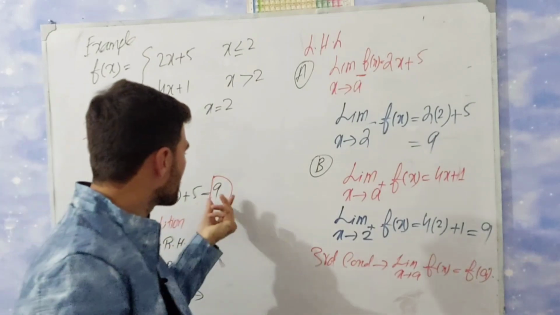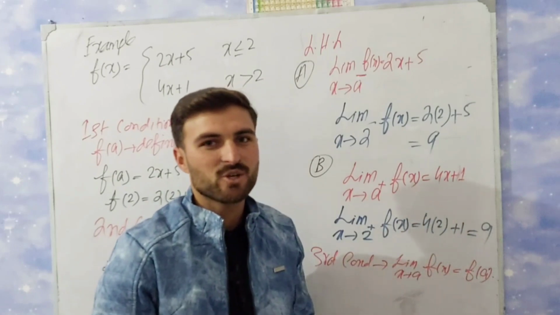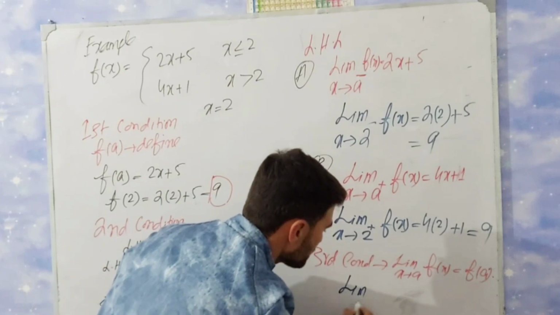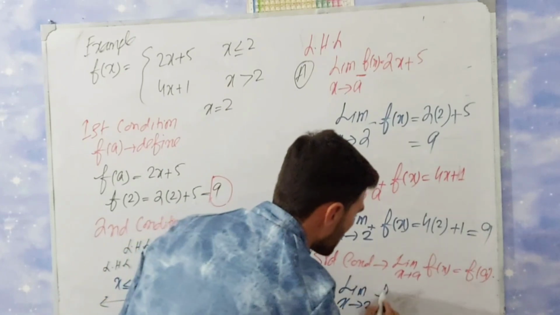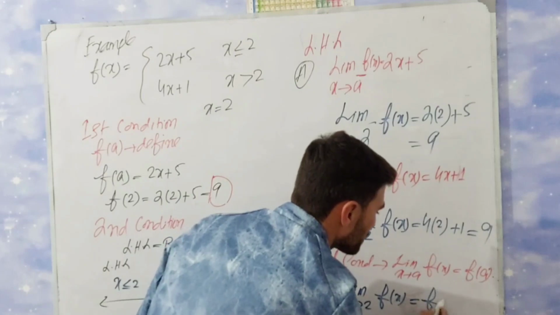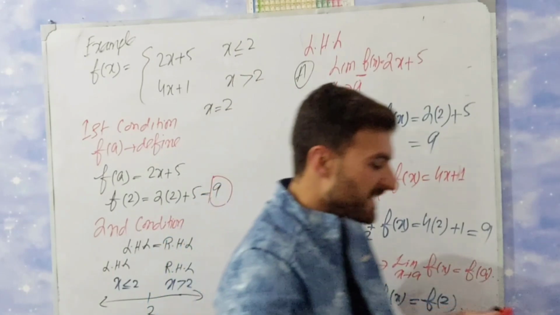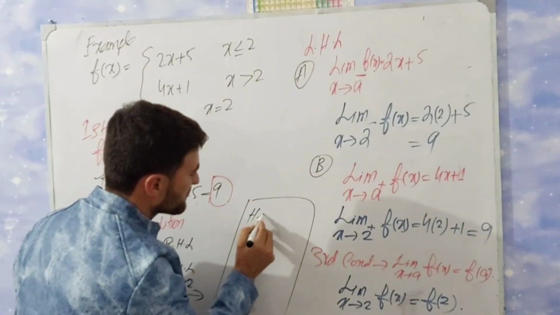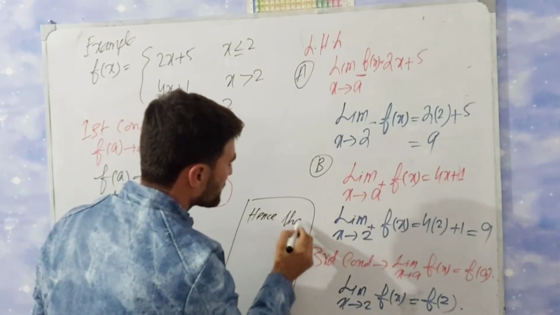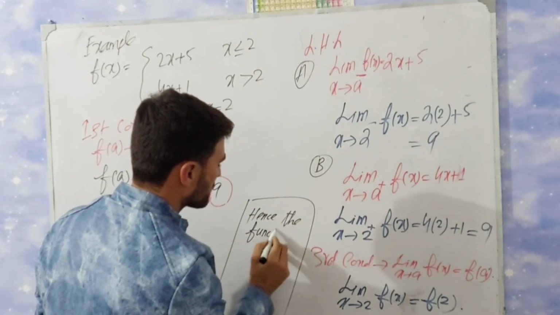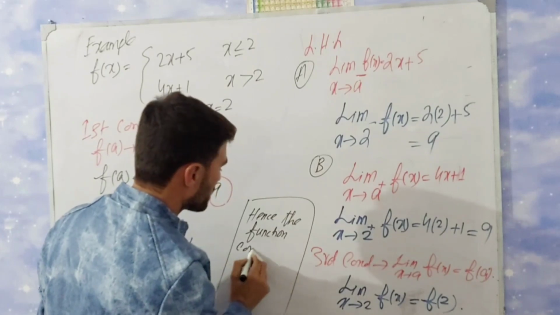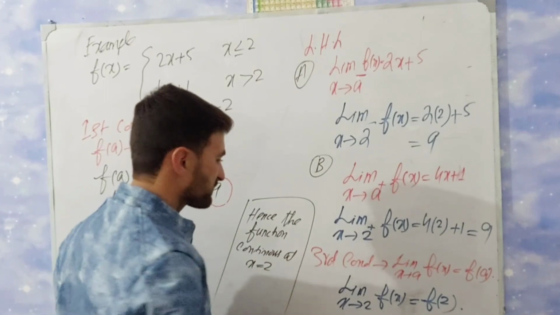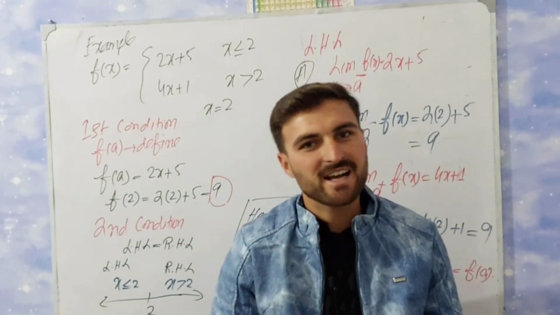As this value is equal to this one, the third condition is also satisfied. The limit x tends to 2 of f of x is equal to f of 2. Hence the function is continuous at x equal to 2.